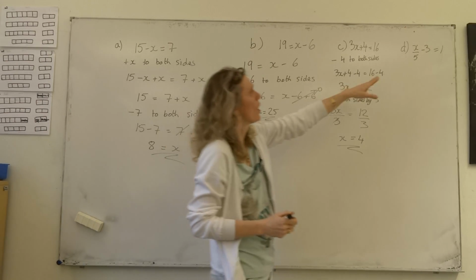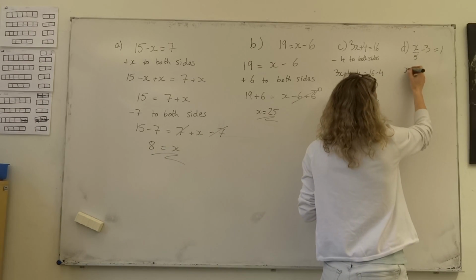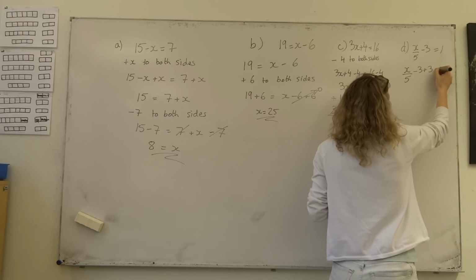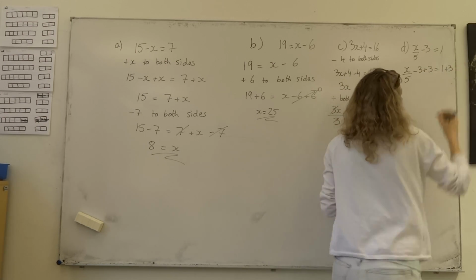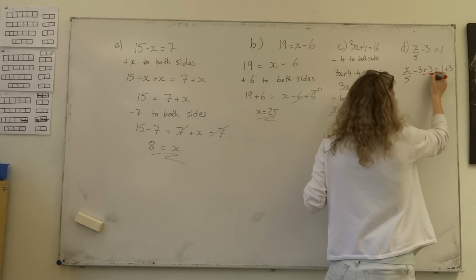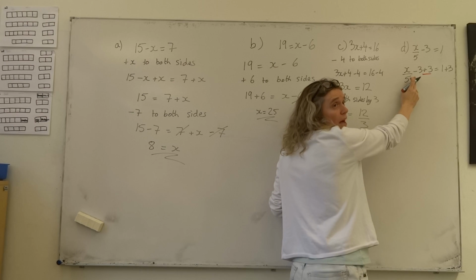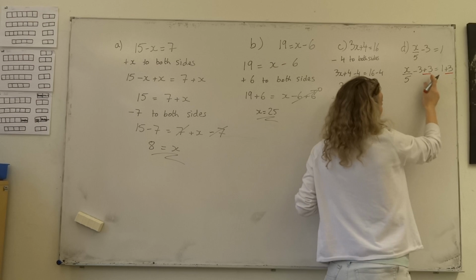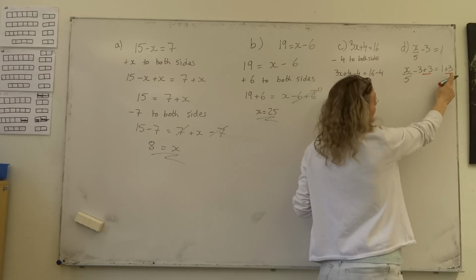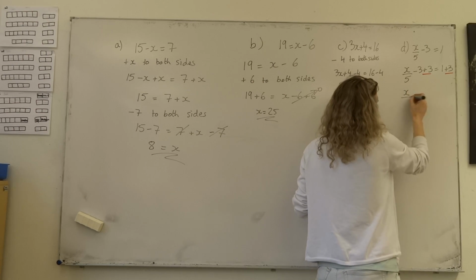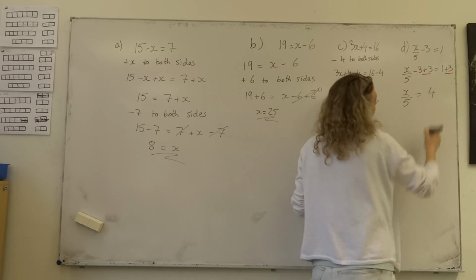And then this last one, a fifth of x. And let's add 3 to both sides. Why do I do that? Because if I add 3 here, I get this one to 0. I've got minus 3 here, so add 3 to that and the minus 3 goes. If I add 3 on this side of the equal sign, I have to add it on there as well. So we then get that a fifth of x equals 4.